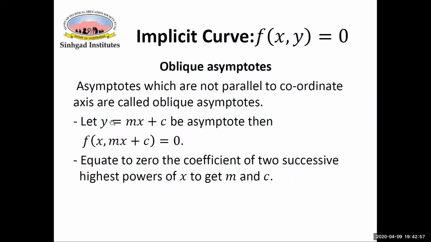We have to substitute y equal to mx plus c in the equation of the curve. Once we substitute and simplify it, then equate to 0 the coefficients of two successive highest powers of x, and then get the values of m and c. So in case of implicit curves, only oblique asymptote exists.